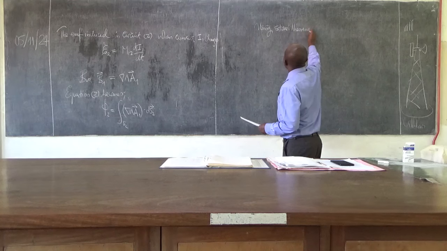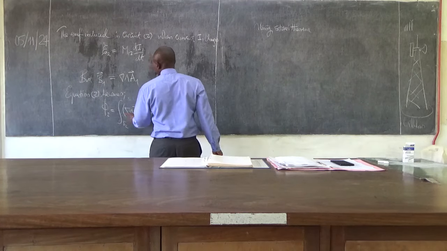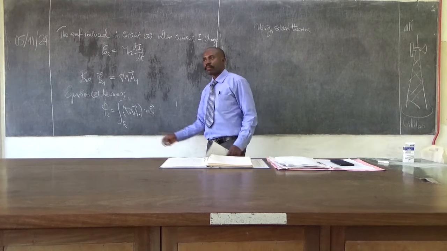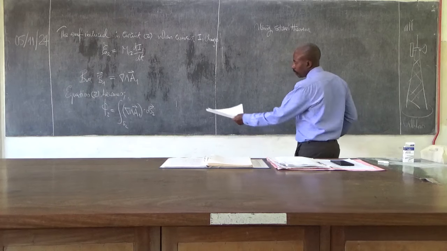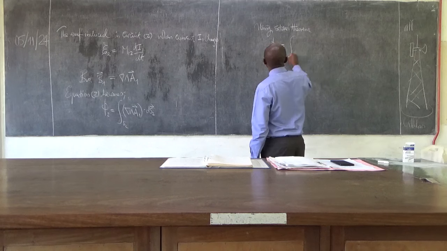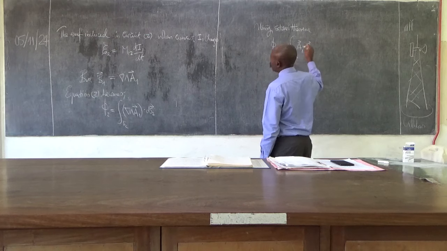So using Stokes theorem, all this that is being taken as curve, we just take the vector and then we dot it with now a line. So that means phi 2 would be the same as integral S2, and then we have A1 dot dl 2.